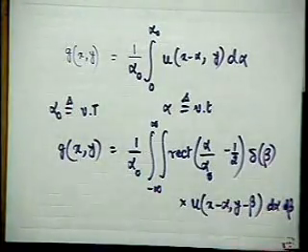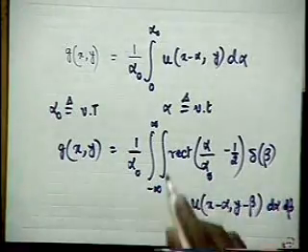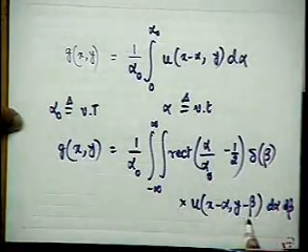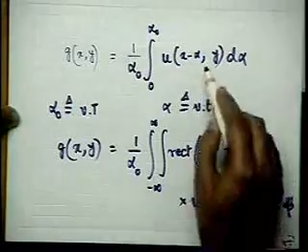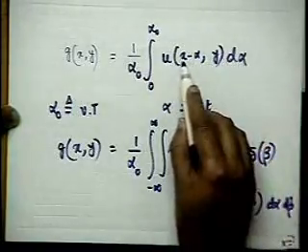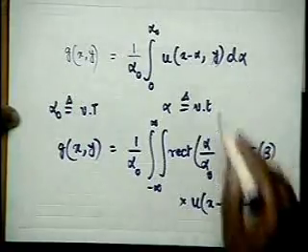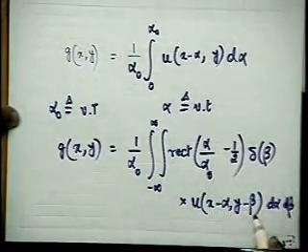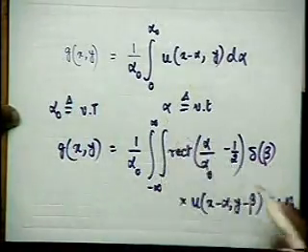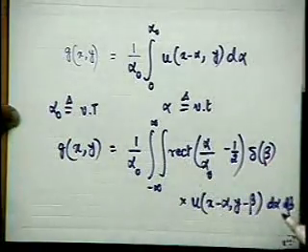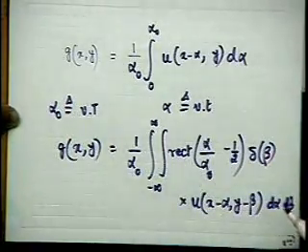Alright. Now in our last lecture, this term u of (x minus alpha, y minus beta) was omitted. Alright. So this term must be there because it is coming automatically, because it was u of (x minus alpha, y), and we are making it into u of (x minus alpha, y minus beta), and by introducing a term delta beta over here, then if the limits of integration with respect to beta is from minus infinity to plus infinity, only where we have beta equal to 0, okay, there we are getting a value equal to unity, and at all other places this is equal to 0, so that this function can be written like this.